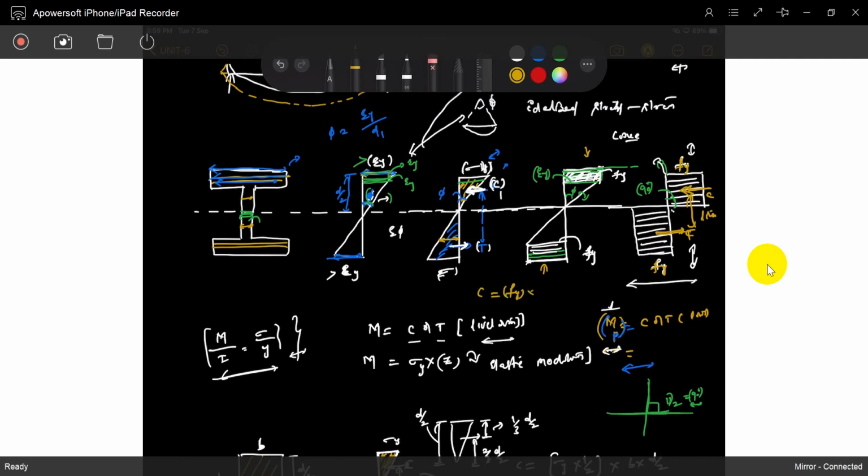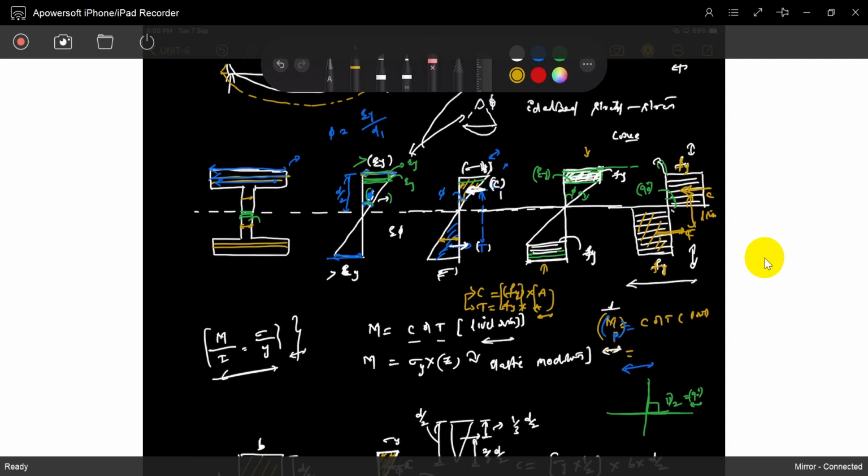Stress multiplied by area. And the tensile force is again stress multiplied by the area of this region. So C and T should be equal. The stresses are the same, so the areas are equal. Sir, what is the meaning of that? The tensile area and the compression area should be equal.